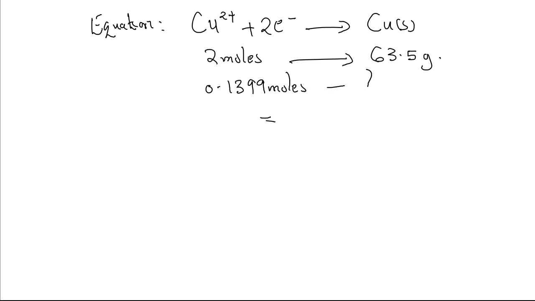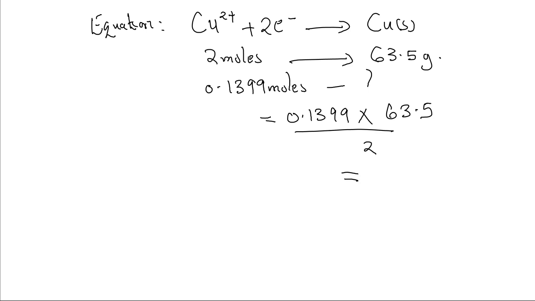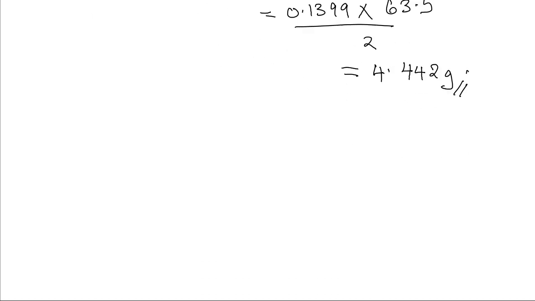What will be that? That is 0.1399 times 63.5 all over 2 moles, times 63.5 divided by 2. That is 4.442 grams as the mass deposited.